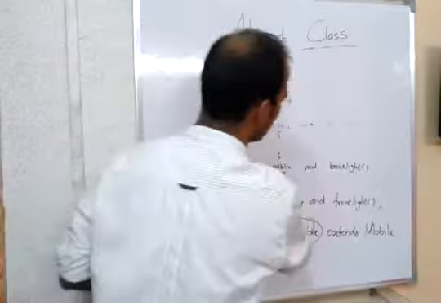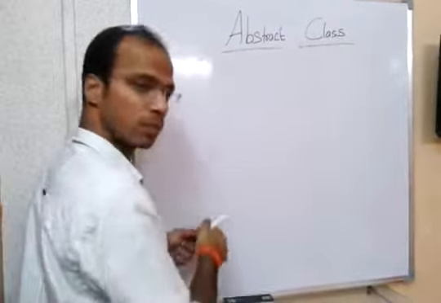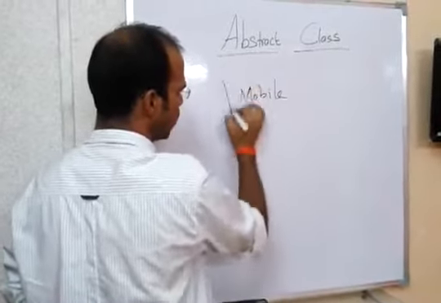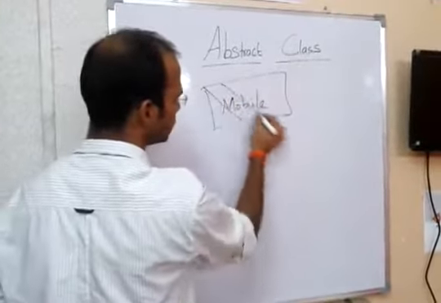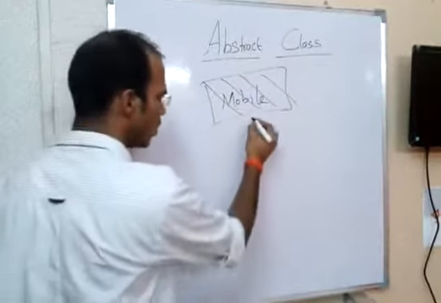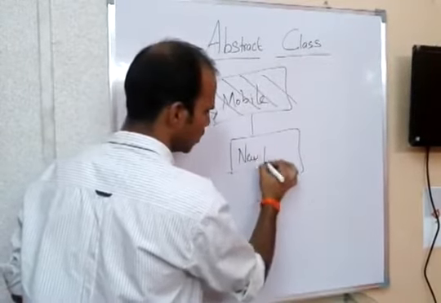So it's something in this way. You have a mobile class which is abstract. So these lines are abstract. You are creating a new class called New Mobile.